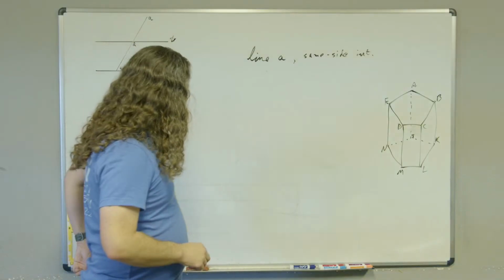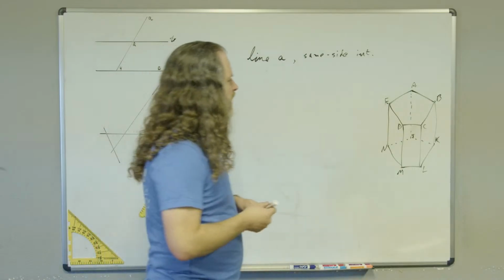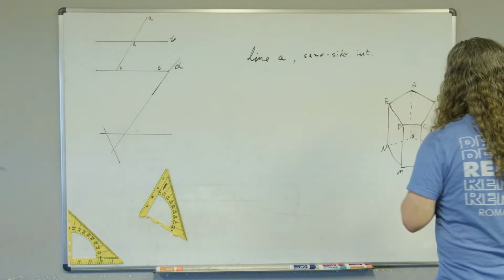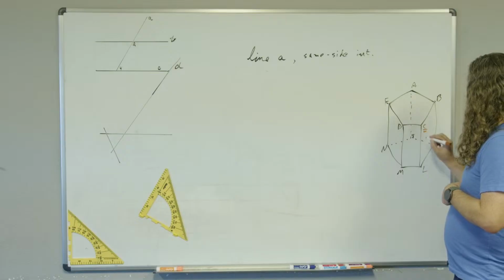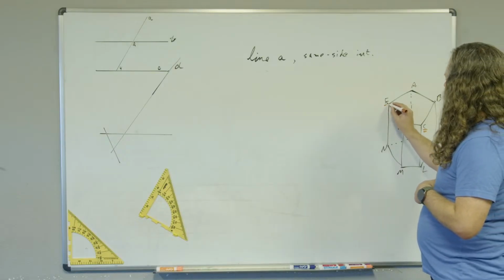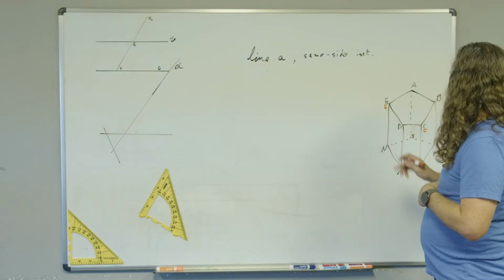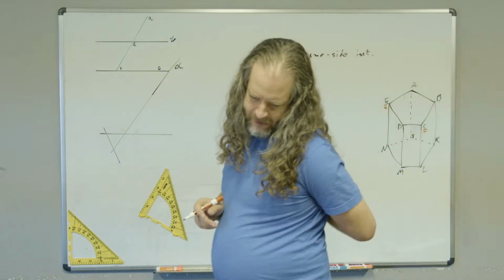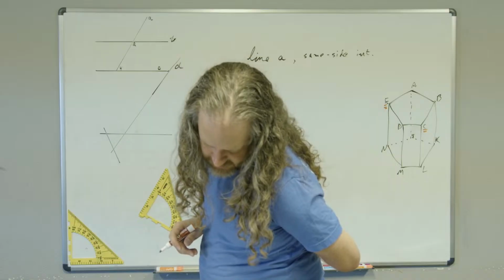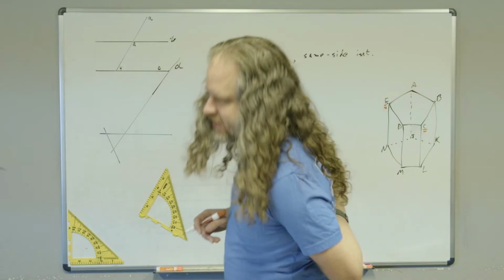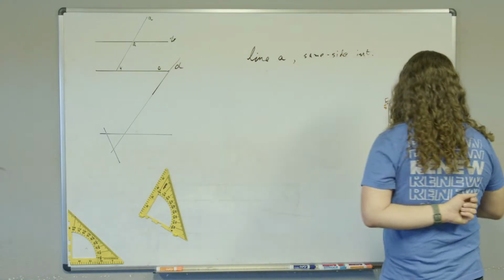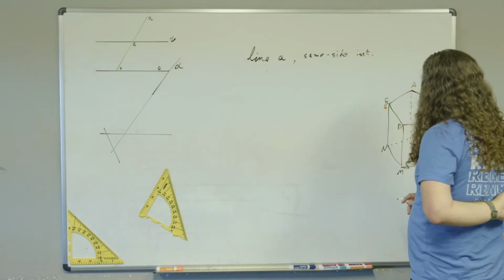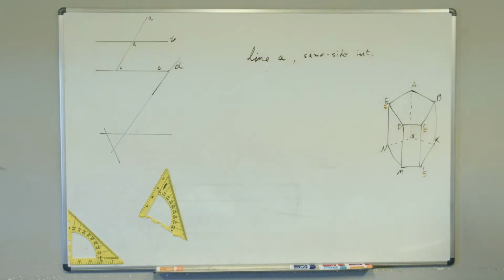Okay, so let's see if we can find all the players. Okay, so there's C, and there's E, right? Oh no, I can't read. CL. There's E, and then there's L. It's like CE is not a line. I'm confused. Okay, great.